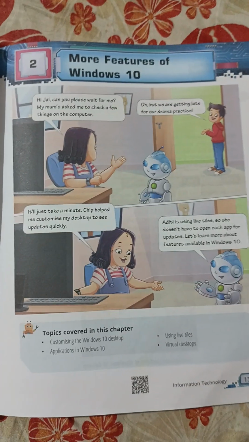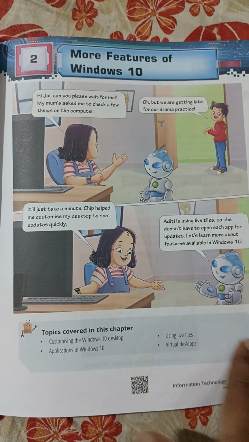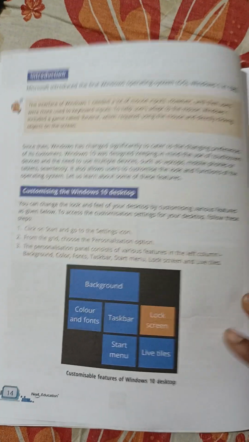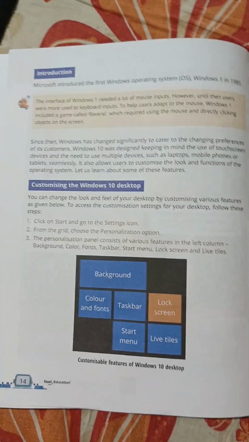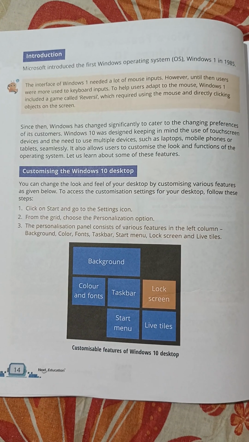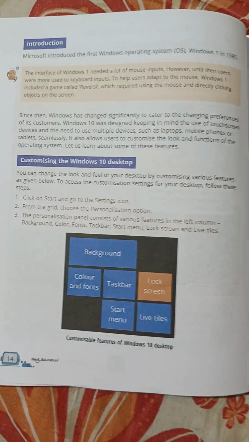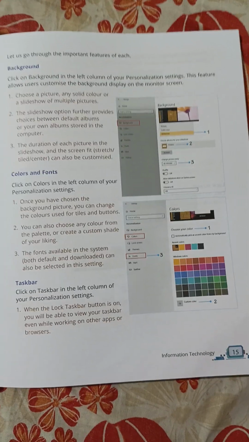Next is chapter 2, more features of Windows 10. Windows 10 is an operating system; we know Windows XP, Windows Vista, Windows 7, Windows 8, Windows 10, and now at present we are using Windows 12. The taskbar, the color changing and the font size, all the settings are done.